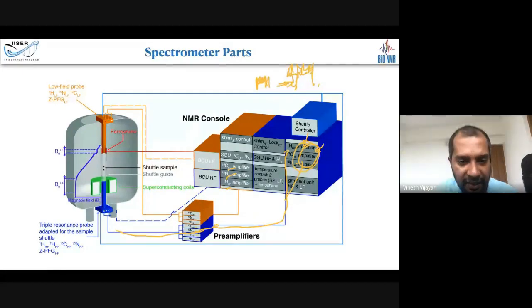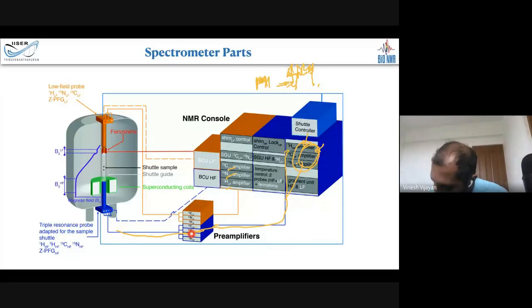The signals are really weak. We are talking about a small magnetic moment, right? So these signals are really weak. By the time it reaches our spectrometer, the signals would have died down. That is why these preamplifiers are there, to amplify the signal before it reaches the amplifiers, and then it is enhanced again before being fed to the computer.